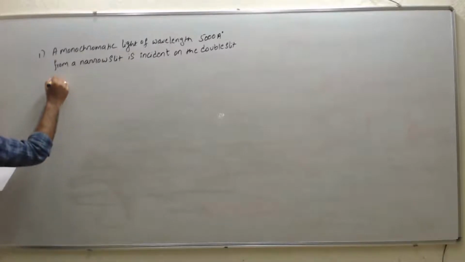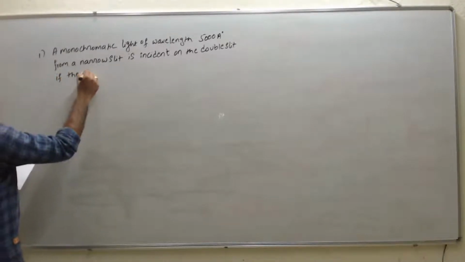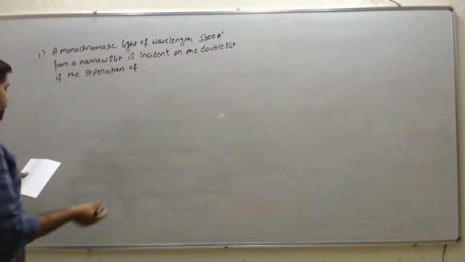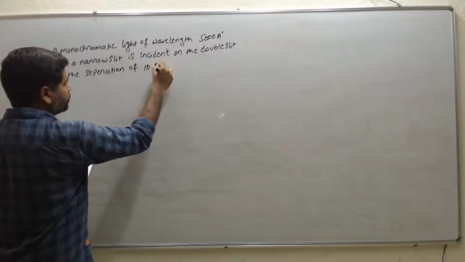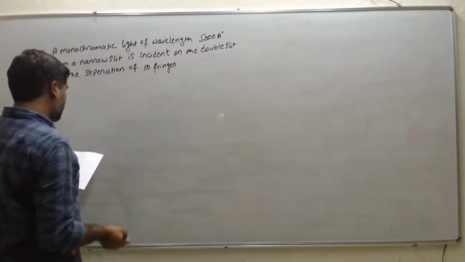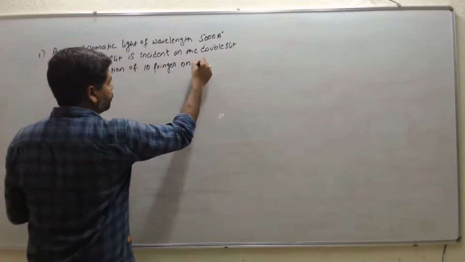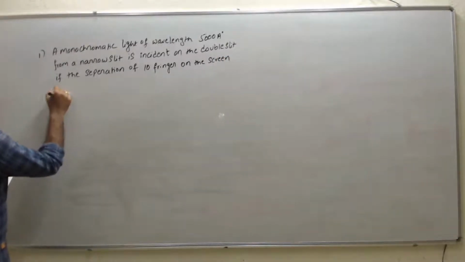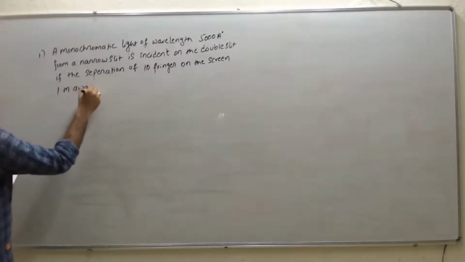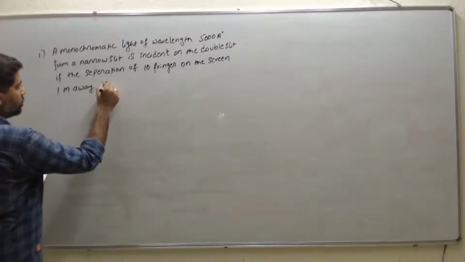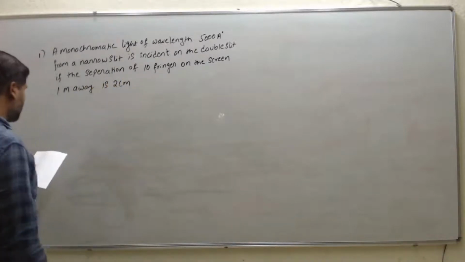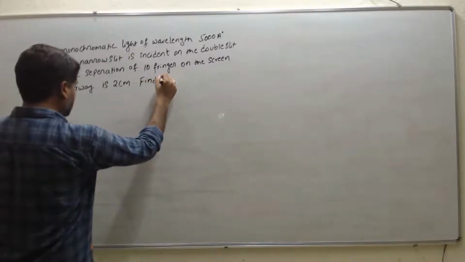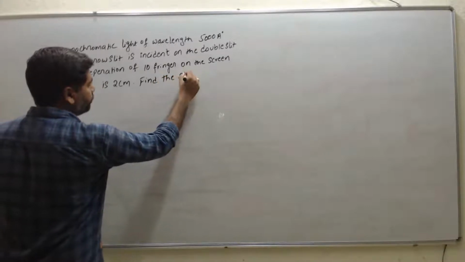If the separation of 10 fringes on the screen 1 meter away is 2 centimeter, find the slit separation.